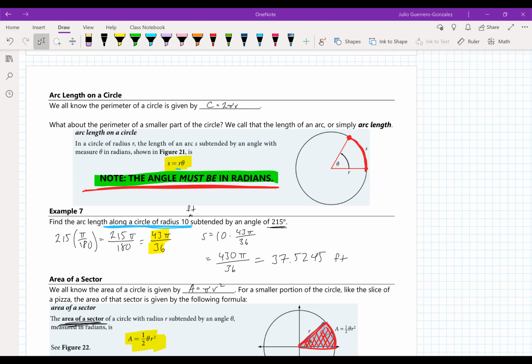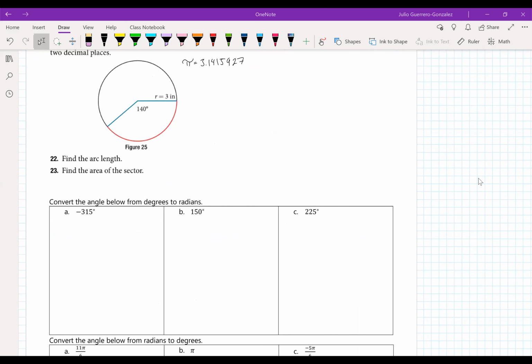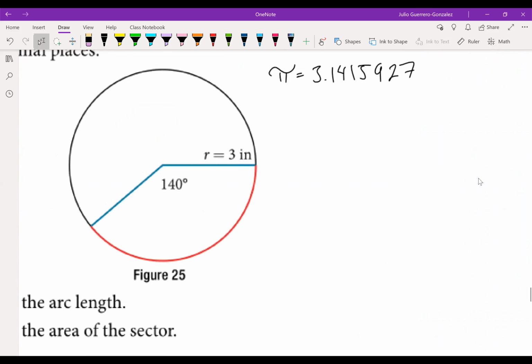Can we go over 23? Did we get at least the angle right? So the 140 degrees is equivalent to what radians?